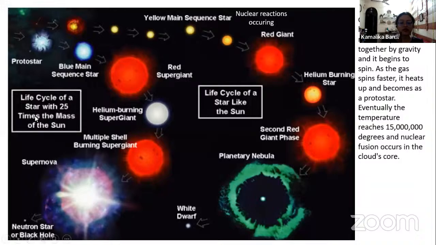And it's only in the life cycle of a star with 25 times the mass of the sun that it will form a supernova and a black hole. And it can also lead to a neutron star, which will lead to a pulsar, which is a very quickly rotating object in space. And they tend to emit light from their poles.